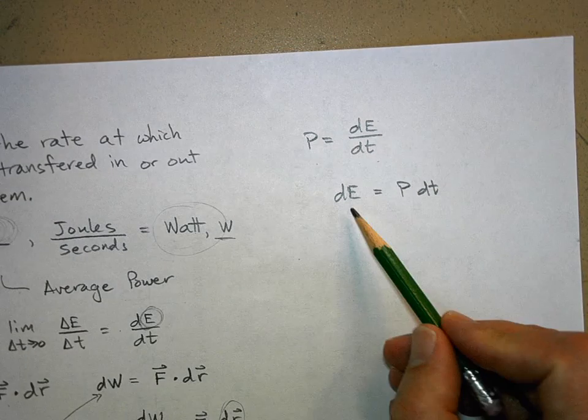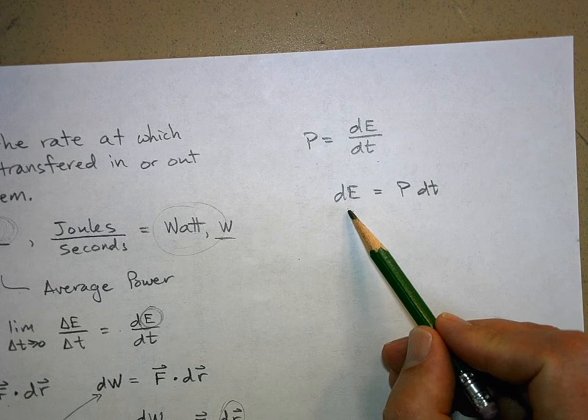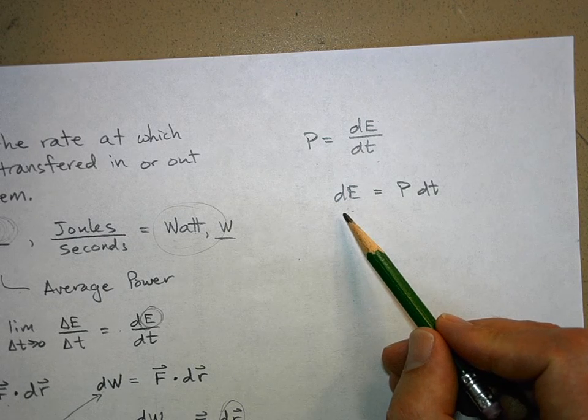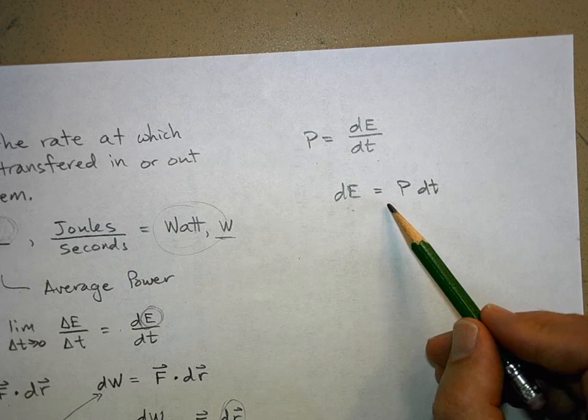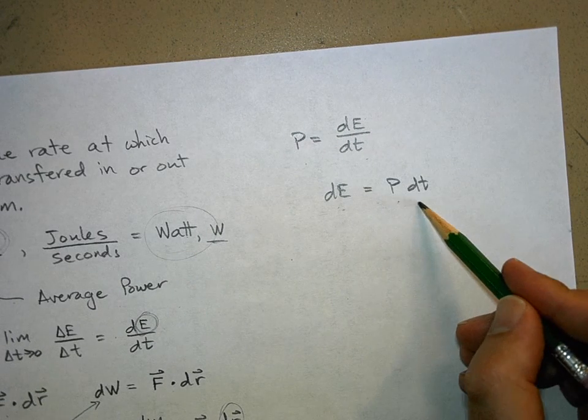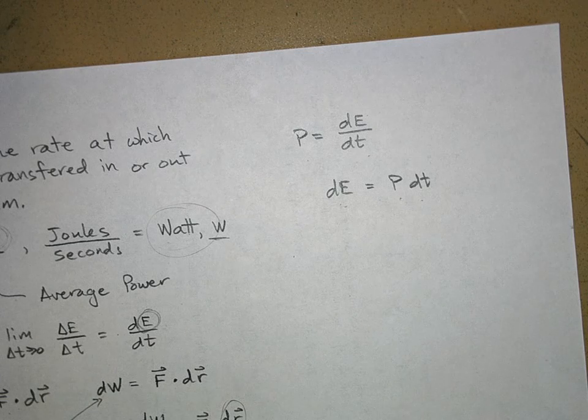Like a little bit of energy, well, dE, that's as little bit of energy as you can get. It's an infinitesimal amount of energy, is equal to power times a little infinitesimal bit of time. So, what if I wanted to know how much total energy has been transferred?